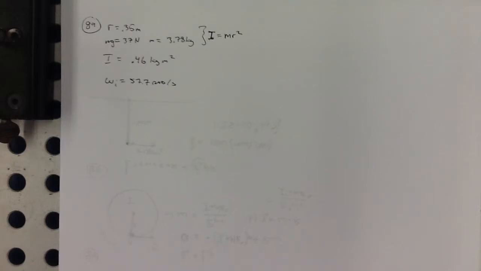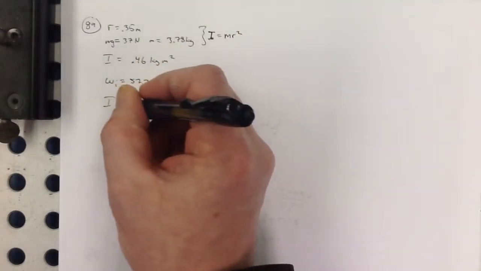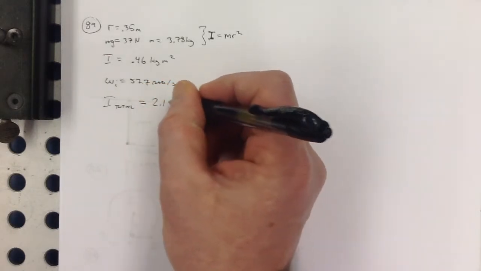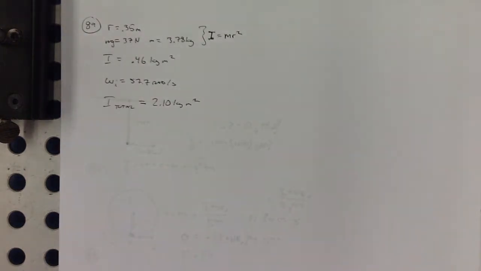The rotational inertia of wheel plus man plus turntable around the common axis of rotation is 2.10 kilogram meters squared. So the I total is 2.10 kilogram meters squared when he's holding it right above his head.